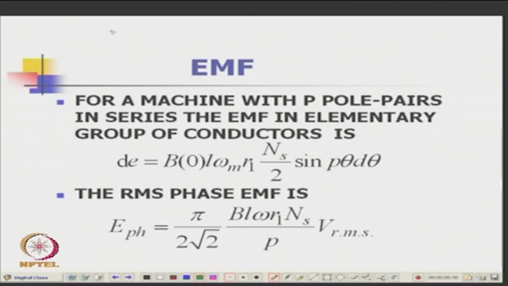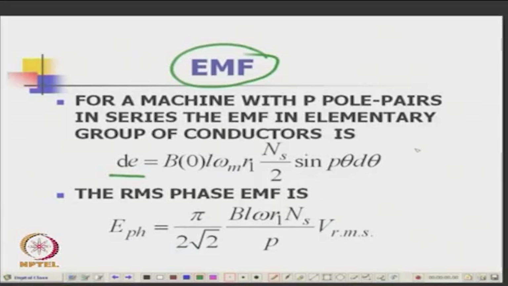Now, that is about the development of torque. For the development of voltage, even as a motor there will be voltage induced in the stator due to the magnetic field, which will oppose the applied voltage.